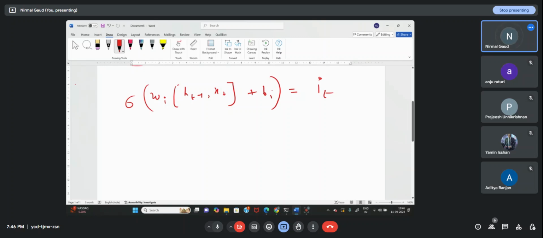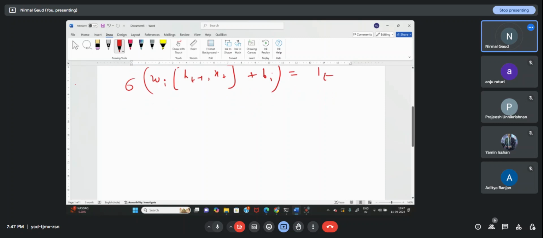Next one is filtering information. Okay, that will do. So according to the architecture, what we are doing after the forget gate, you again give ht minus 1 and xt as an input.